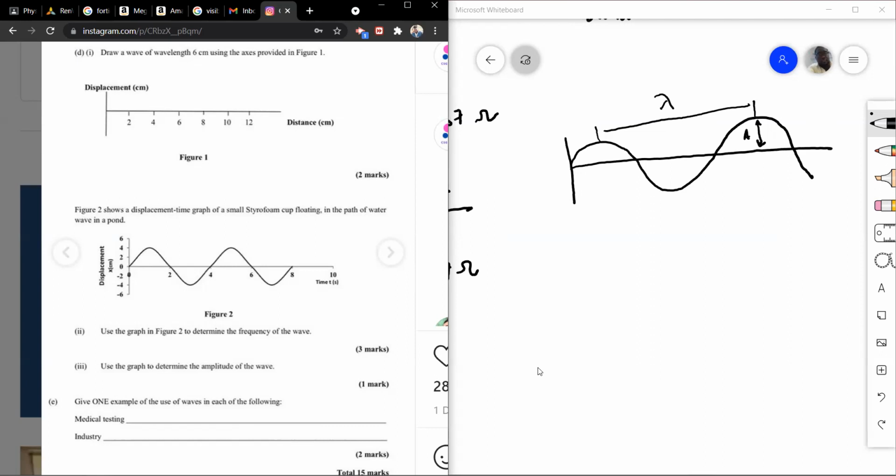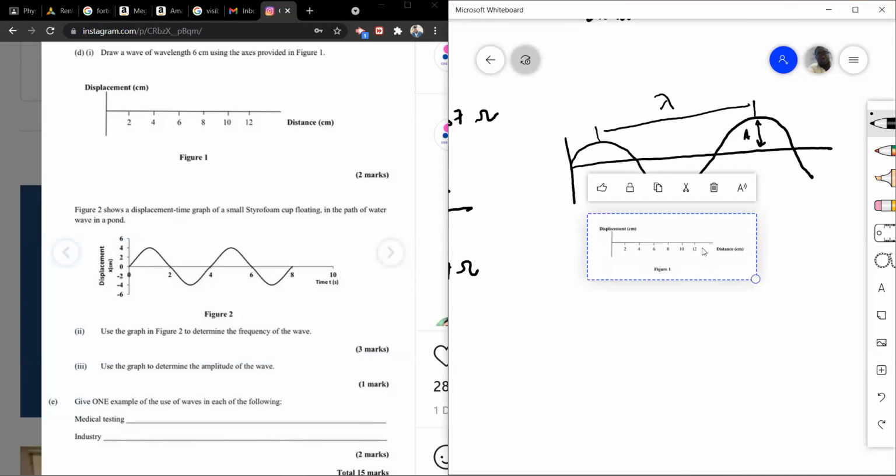All right, let's see if we can make sense of this. How do you do this thing again? Wouldn't you start at the base and then go all the way to 6? Several ways you can do this, you know. There's no one way. It's supposed to be 6 centimeters between two troughs or two crests.